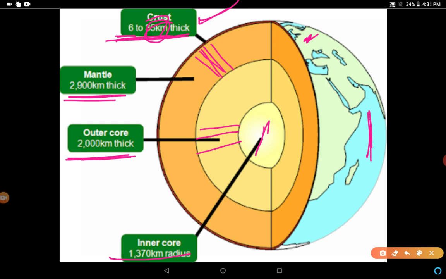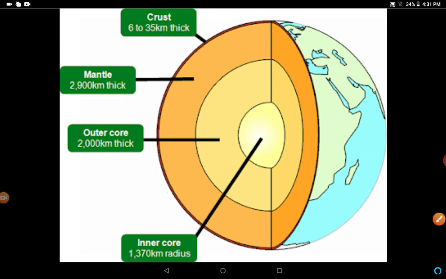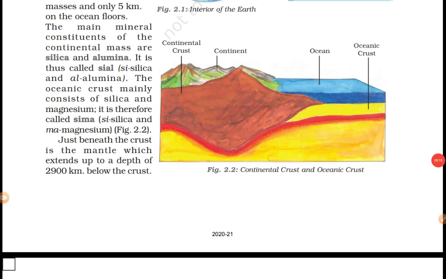Total, approximately the whole core is of 3500 kilometers thickness or radius. So I hope you are getting my point. So this is the radius of different layers of the interior of the earth, right? You have to remember and note it down in your notebook.